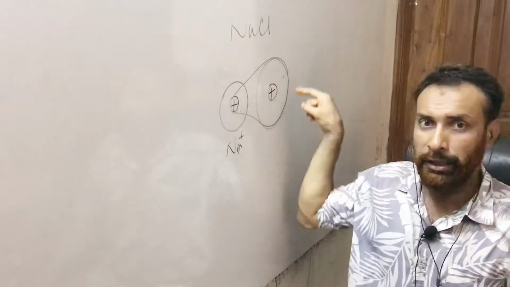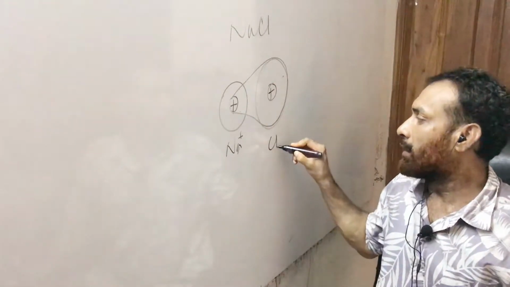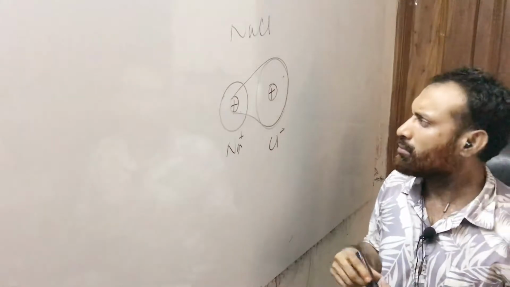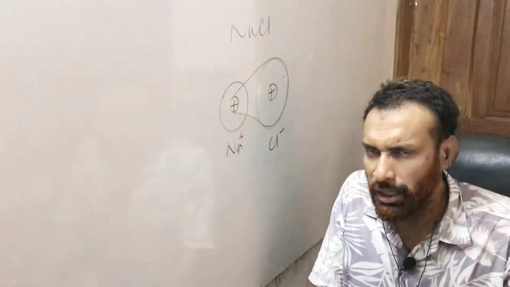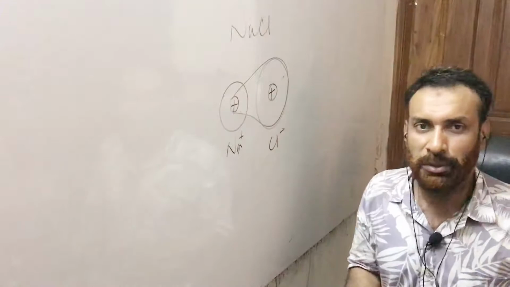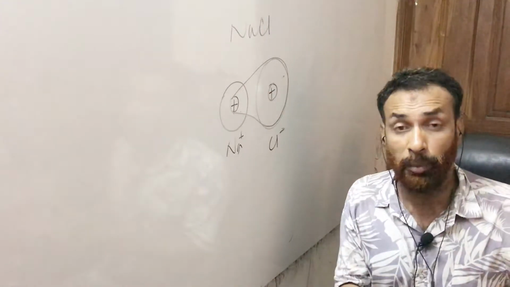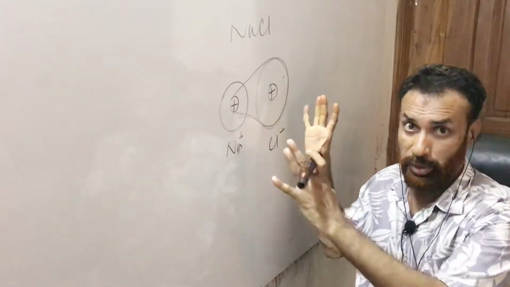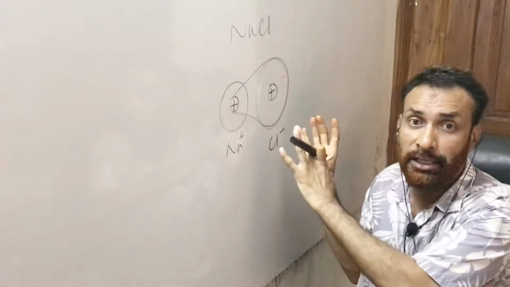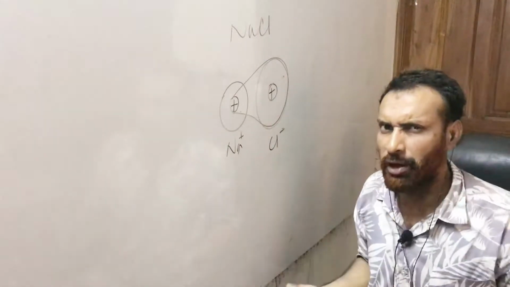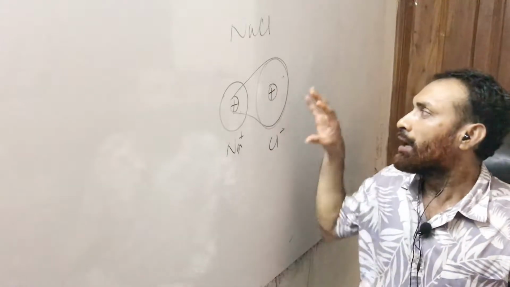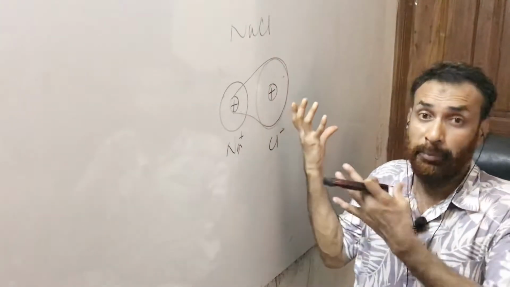Here you get electrons of the chloride. And this doesn't happen for the nucleus of the anion because when this was an atom, it had an equal number of protons and electrons, meaning charges were equal. When this gains an electron, the anion forms by gaining electrons. Then its electron number is greater than its proton number.